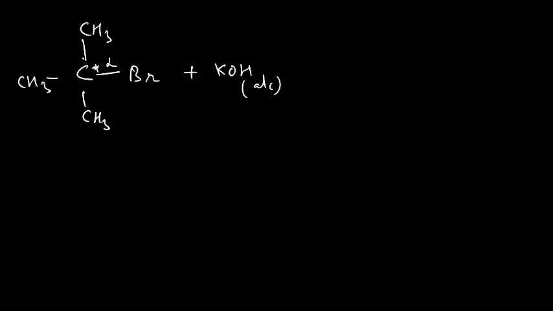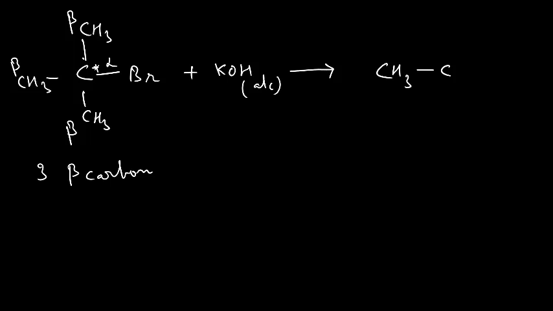This carbon is adjacent to the alpha carbon, therefore this is a beta carbon, this is also a beta carbon, this is also a beta carbon. So in a tertiary alkyl halide there are 3 beta carbons. Therefore hydrogen can be removed from any one of these beta carbons. So here bromine from the alpha carbon and hydrogen from one of the beta carbons are removed, and we get C double bond CH2, and of course here this is a methyl group.